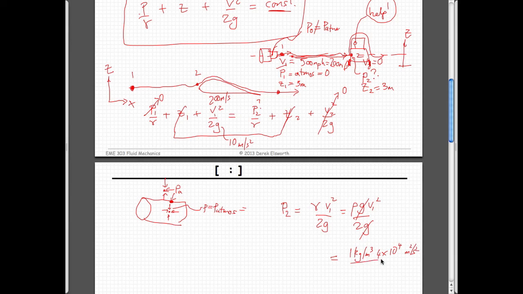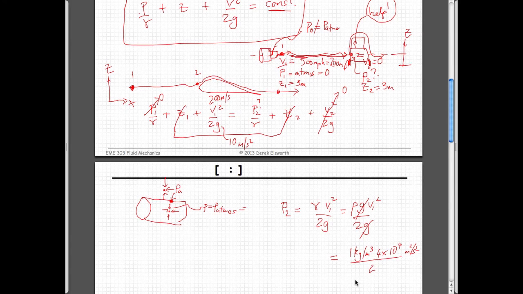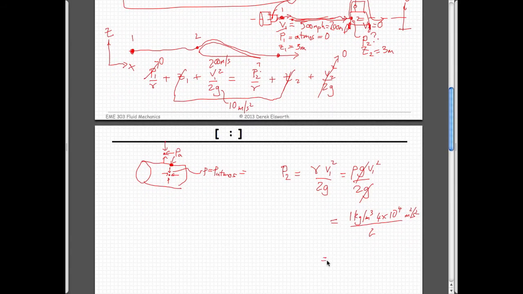So 200 squared should be 2 squared times 100 squared, and divided by 2, which gives a number which is 2 times 10 to the 4 kilograms per meter cubed times meters squared per second squared.